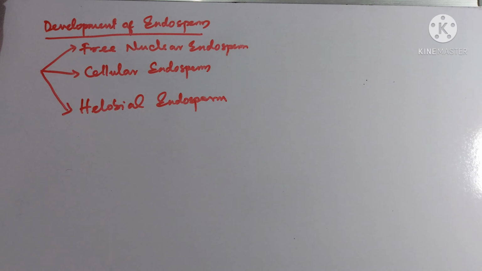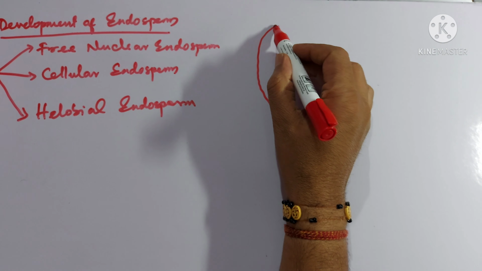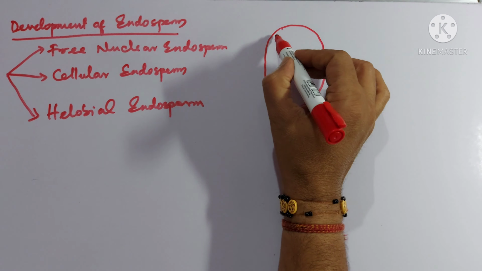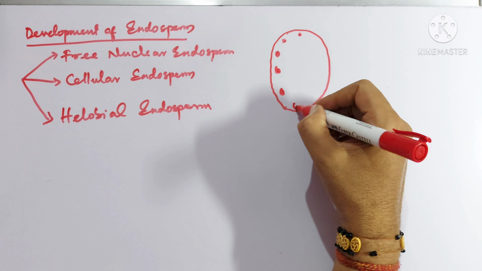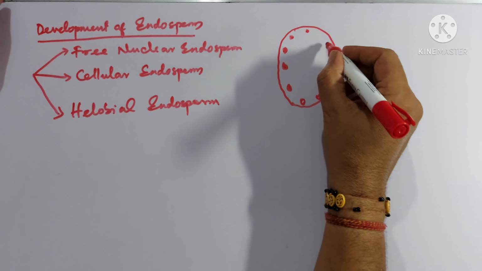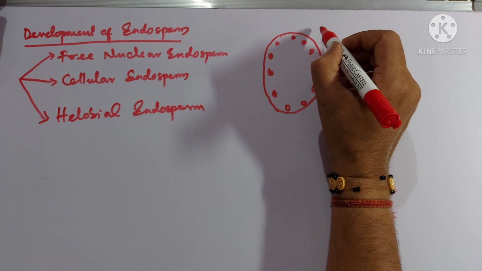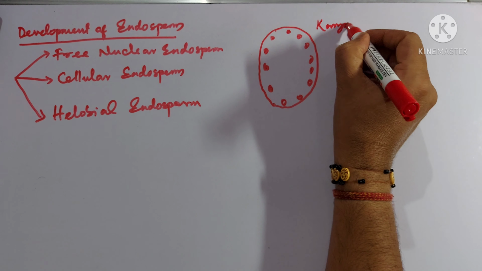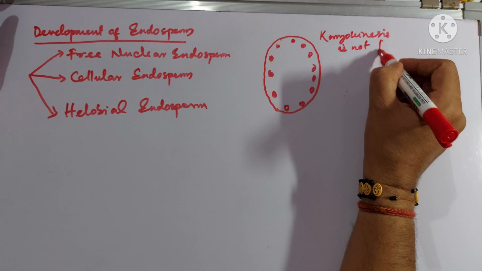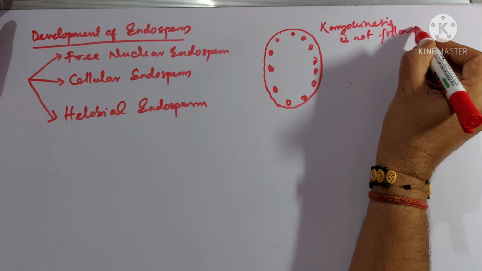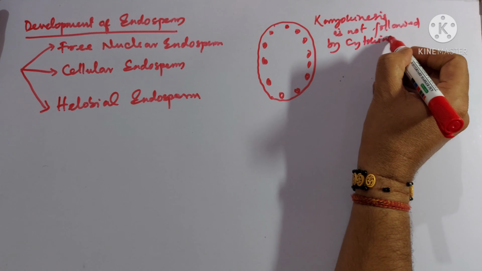In free nuclear endosperm, what happens? There is division of the nucleus without cytokinesis; karyokinesis is not followed by cytokinesis.